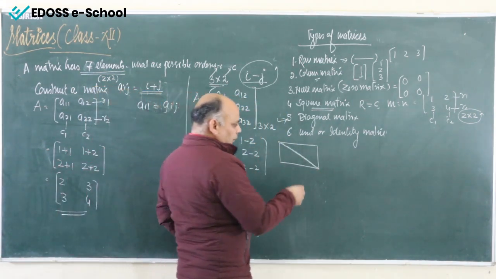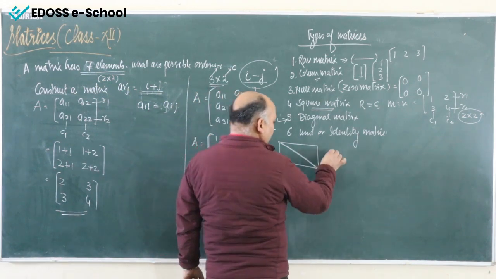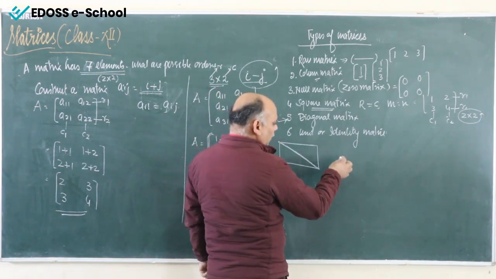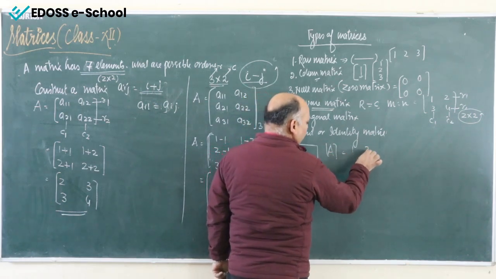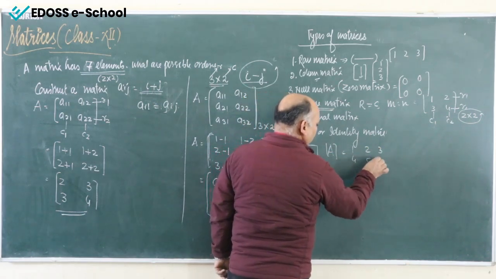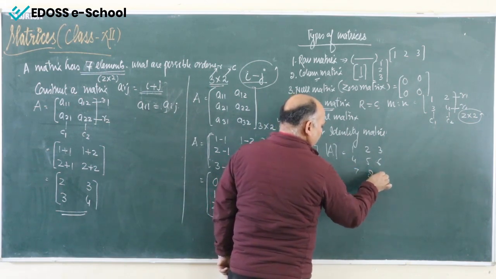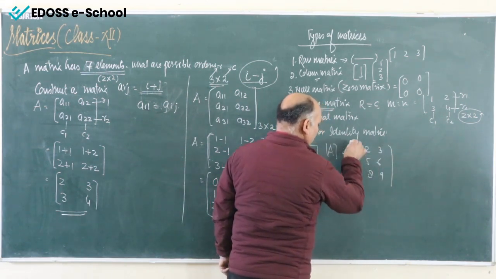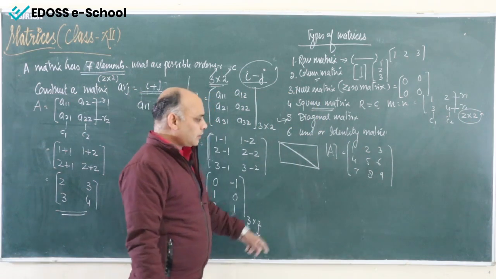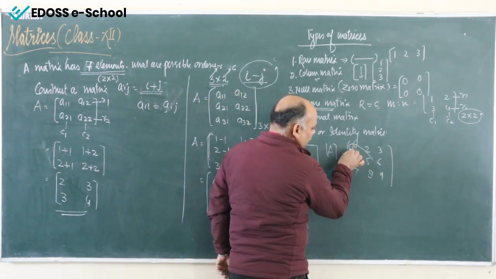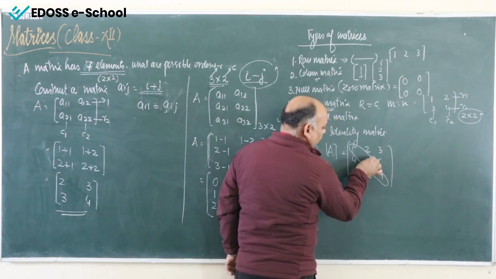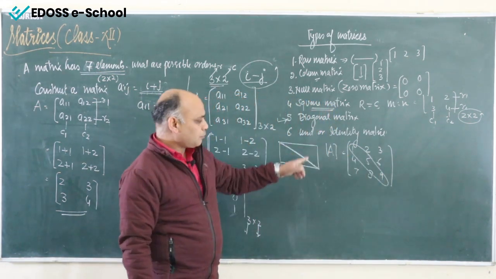Similarly, in the case of matrices, if I have a matrix of order 3 cross 3 and A is equal to 1, 2, 3, 4, 5, 6, 7, 8, 9, then this is a diagonal. This is known as the principal diagonal. 1, 5, 9 is the principal diagonal.